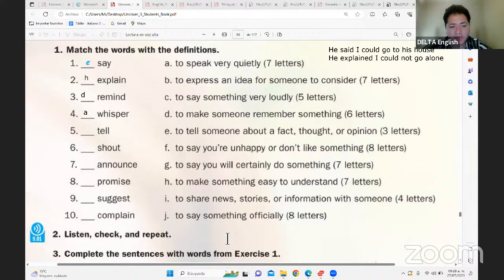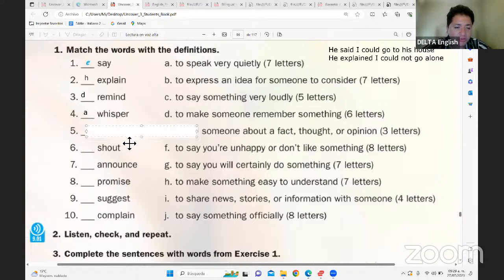Yes. So tell is used, for example, you can say tell a joke, tell a story. In general the difference would be that tell means contar, contar algo a alguien, right? So that's the meaning of tell. So I think it will be letter I.